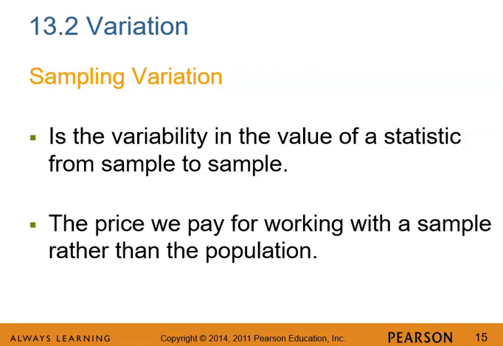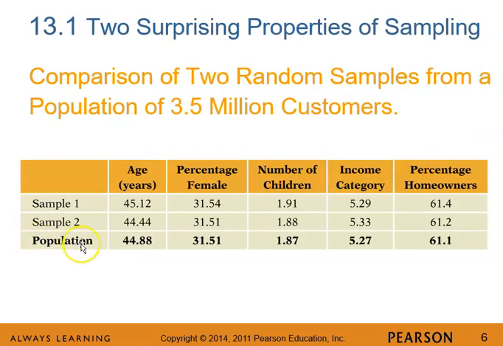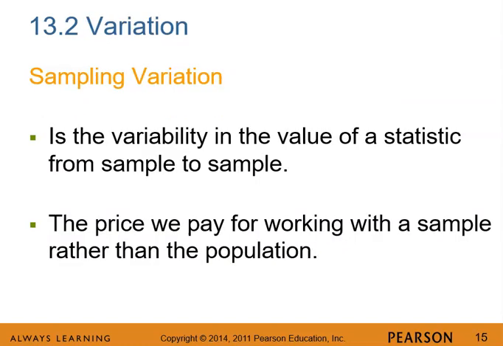An example we just had in the previous slides I showed you here. So these are two different samples with two different values, right? So that's sampling variation. This variability in sampling is actually the price we pay for working with the sample rather than the population.